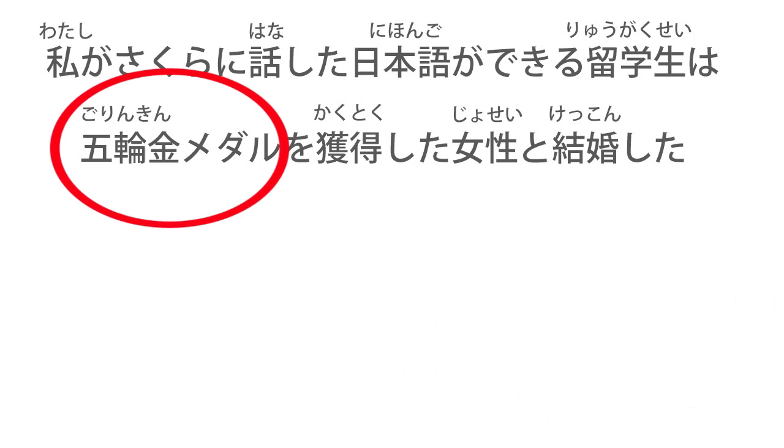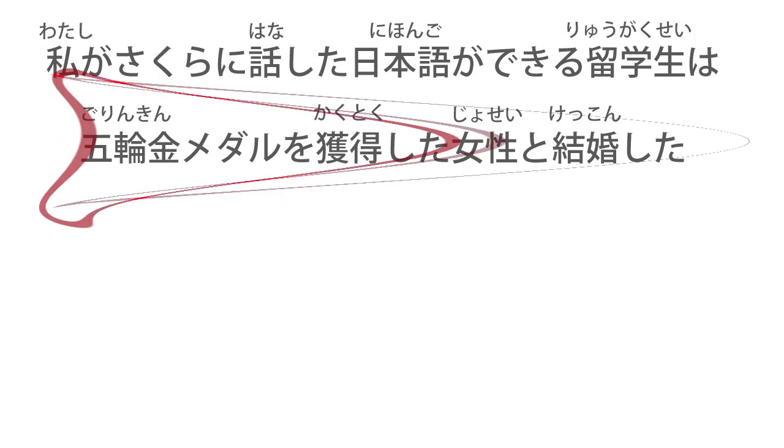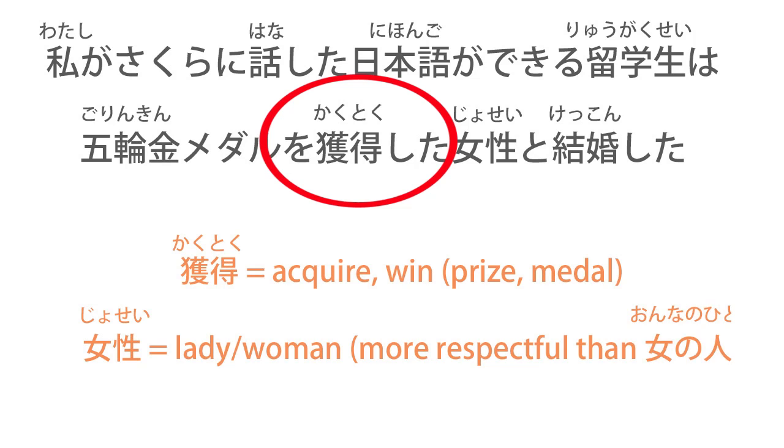We now have Gorin Kinmedaru, and that means an Olympic gold medal. Gorin means 5 circles. Gorin, kin, which is gold, medaru, an Olympic gold medal, o kakutoku shita. Now that can't be a logical sentence, is it? It's not a logical sentence without a doer.